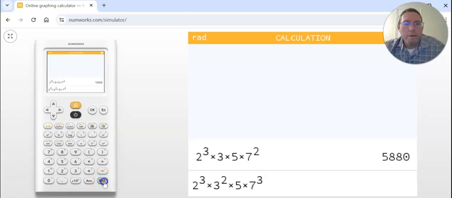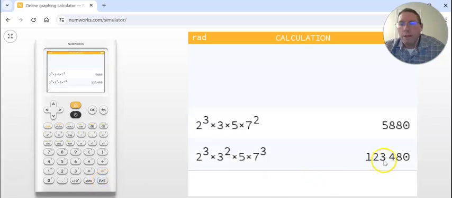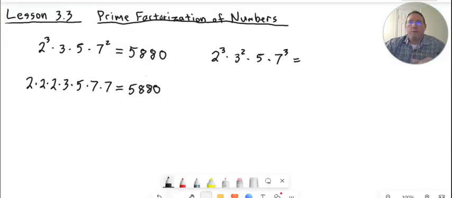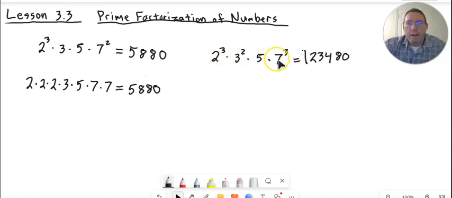And now I'll hit execute, and we get 123,480. And so this is the prime factorization of 123,480.